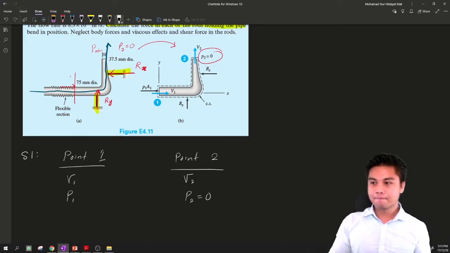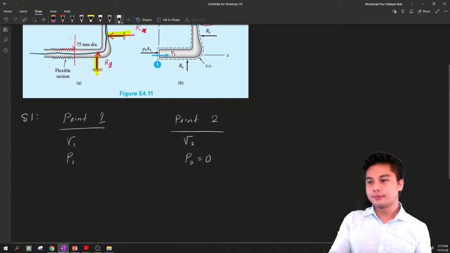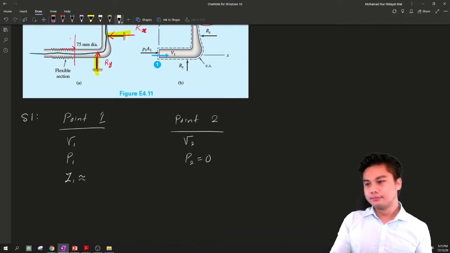And then the Z1 here is slightly the same as Z2.